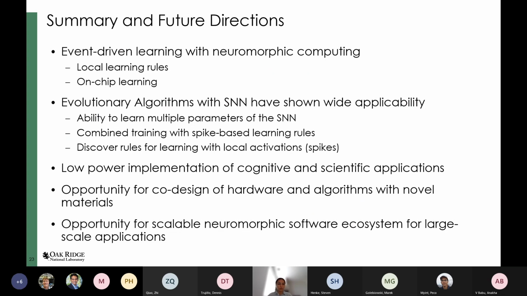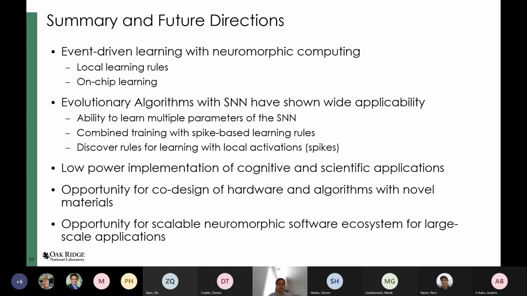Going forward, some of the future directions that have opportunities are co-designing both the hardware and algorithms with novel materials. We are also working towards one of the projects with several collaborators at our lab.